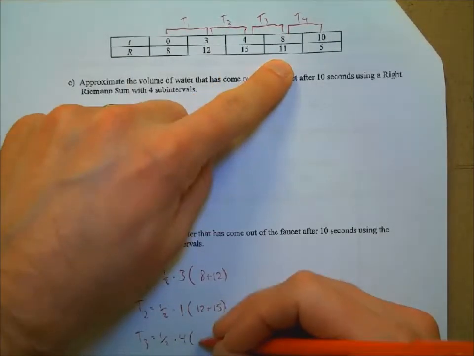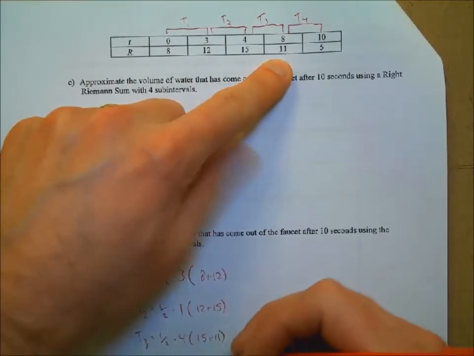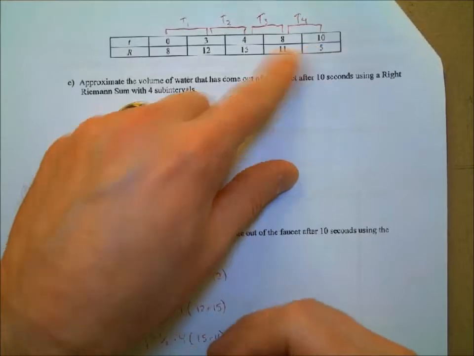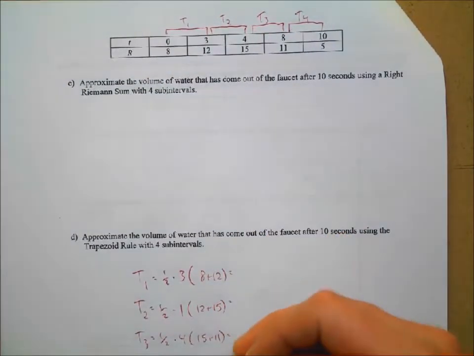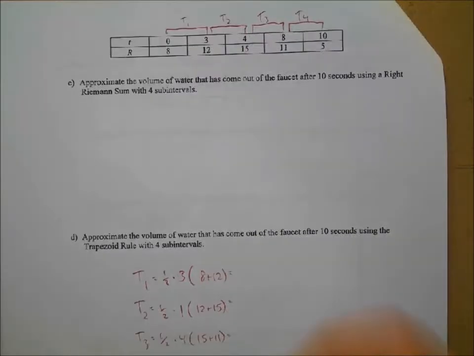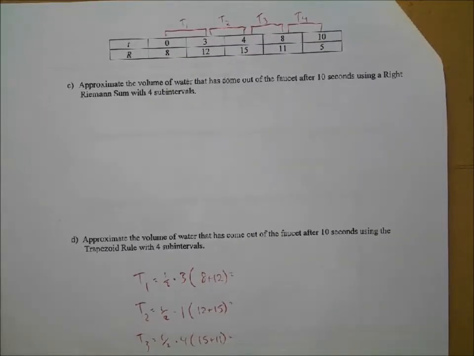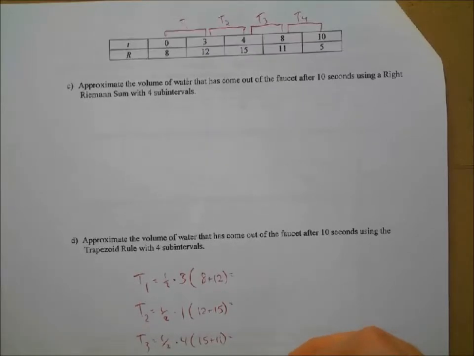Okay? And then for the third trapezoid, 4 is the height. And then 15 plus 11. Right? And then 10 times 2. And it's going to be 11 plus 5. Okay? And of course, then we can add those all up. And I think I have an answer for that one. It should be about 111.5 milliliters.